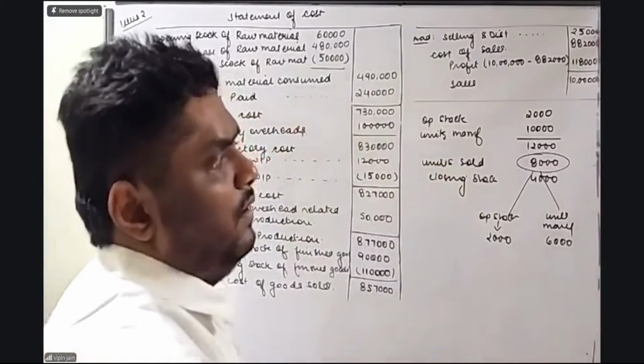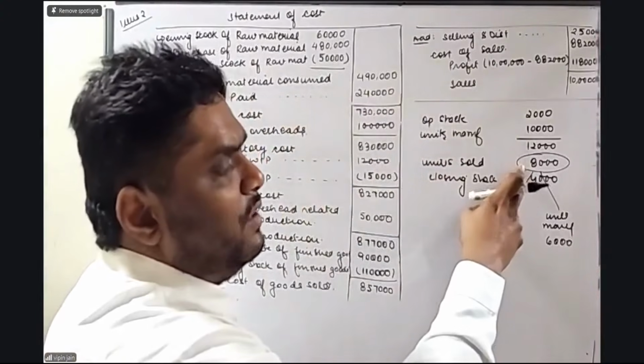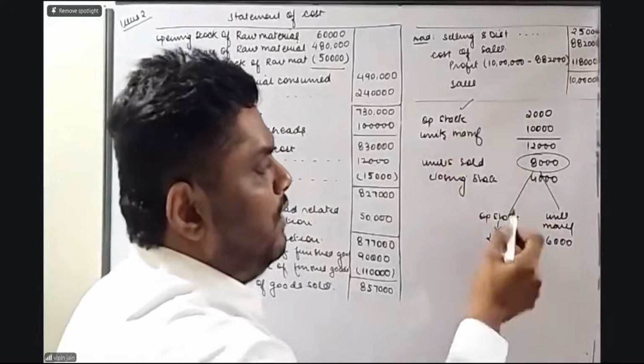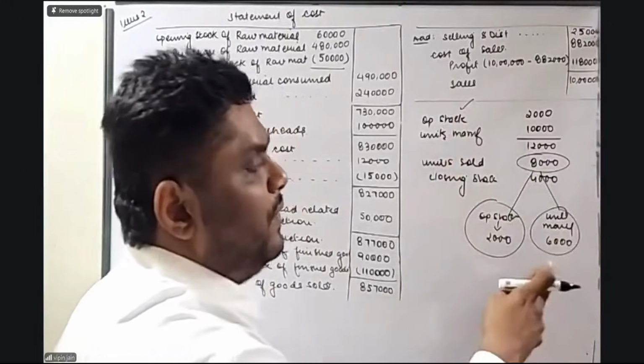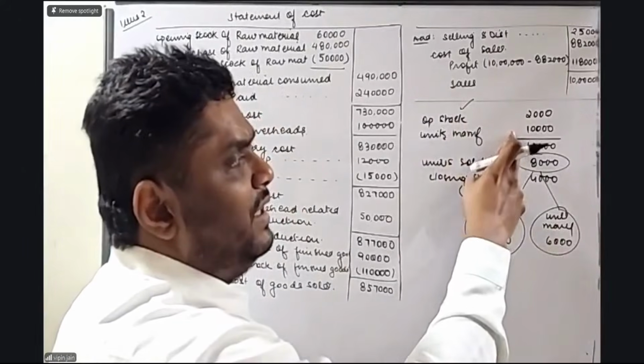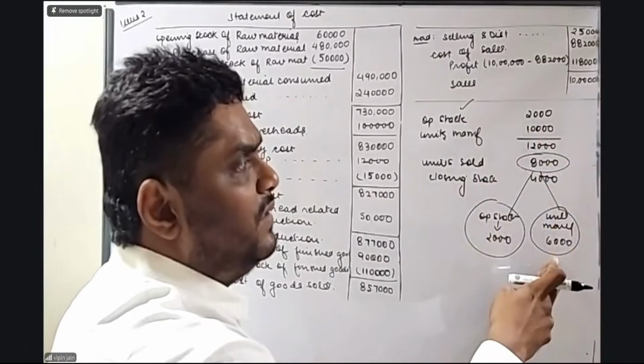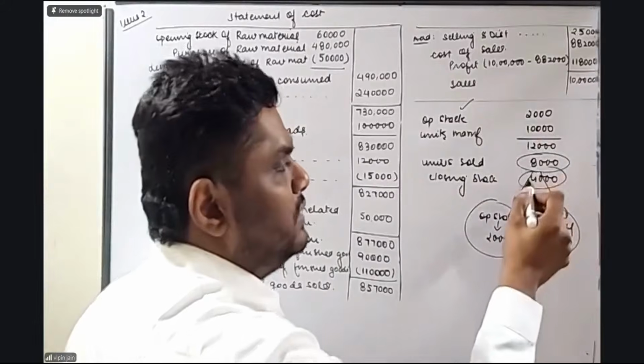Understand? Yes, sir. So these 8,000 units sold means 2,000 were from the opening stock, and 6,000 were from the units manufactured during the year, newly produced. So out of 10,000, 6,000 units manufactured were sold. So 4,000 are still in stock.